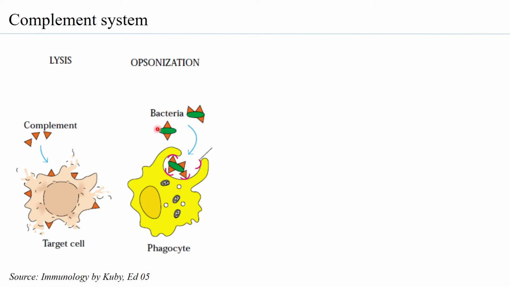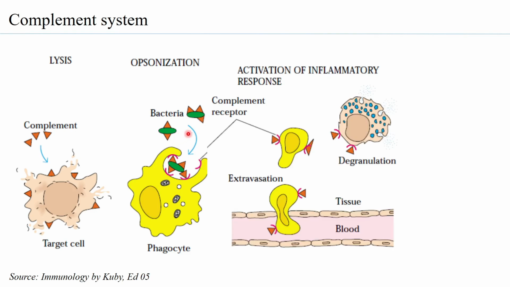So as an opsonin, when the complement binds to the bacteria, it is tastier for the phagocytes. So it is able to recruit more phagocytes to enable engulfing and destroying the bacteria. Of course, it has a very important role to play in activation of the inflammatory response.